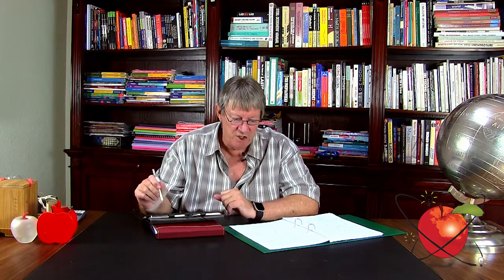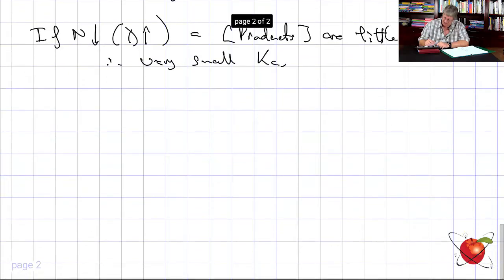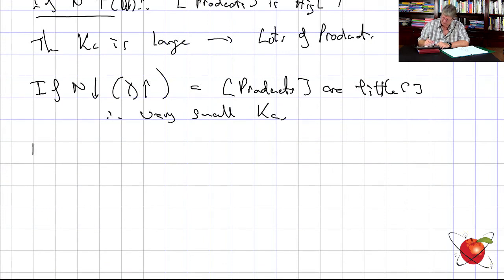The yield is the expression of how much product you get out from the reactants. So the ratio is very important, right? If Kc is high, it means a high yield.